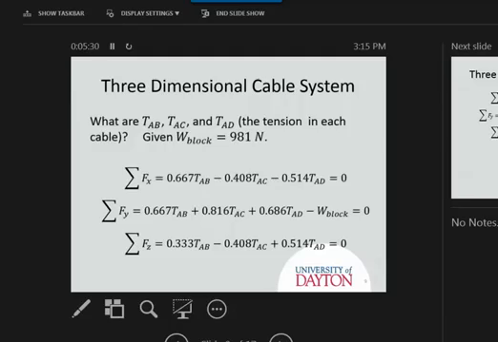And then my last row is for my third equation: 0.333, negative 0.408, and 0.514.